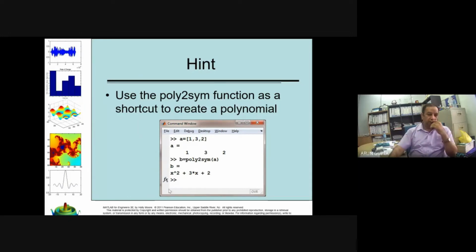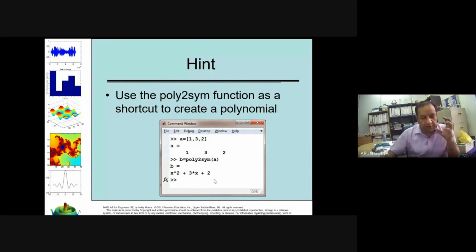When you write poly2sym, it will convert these numbers into a simple polynomial equation. Suppose the polynomial is ax squared plus bx plus c. So a1 will be used in place of a, and in place of b and c, 3 and 2. You give the numbers and ask MATLAB to make a polynomial equation, and MATLAB will directly convert it into a polynomial equation. So it is called the poly2sym function.